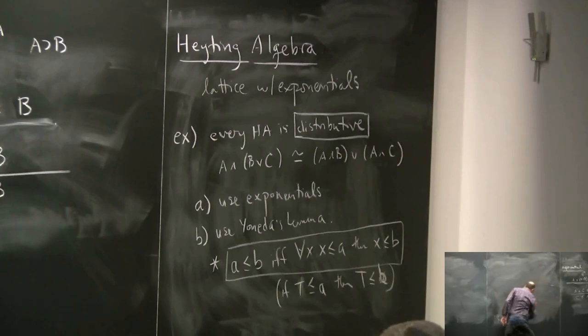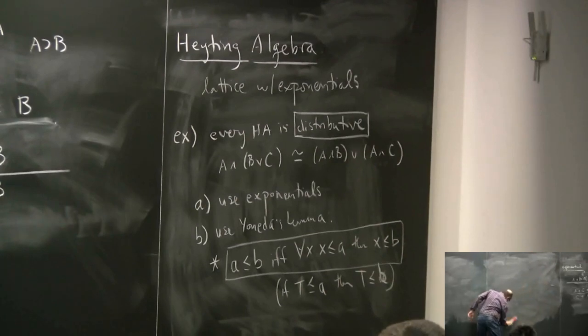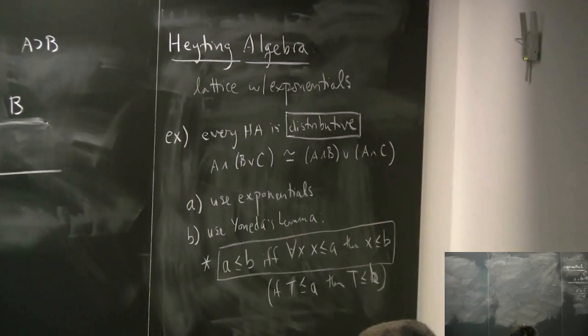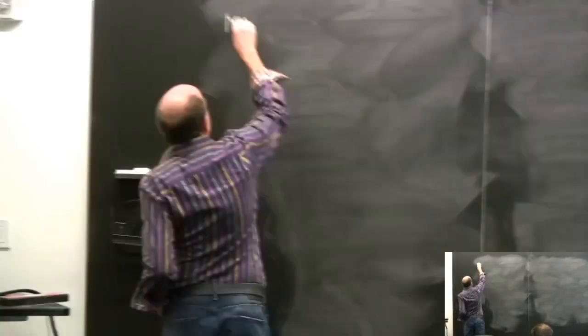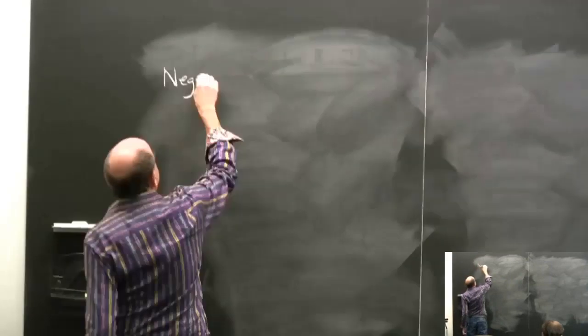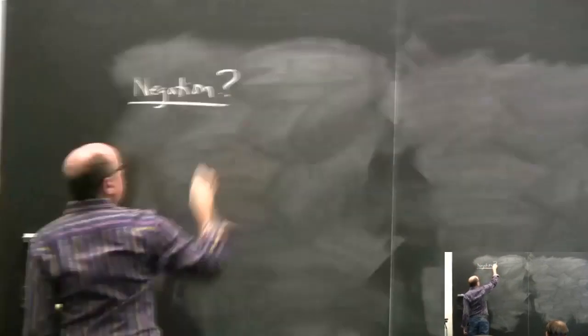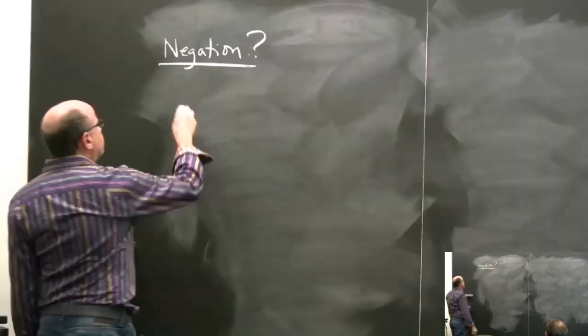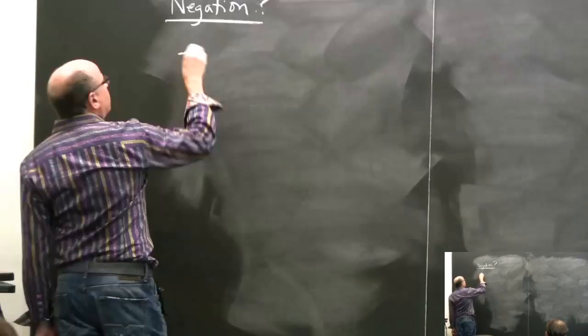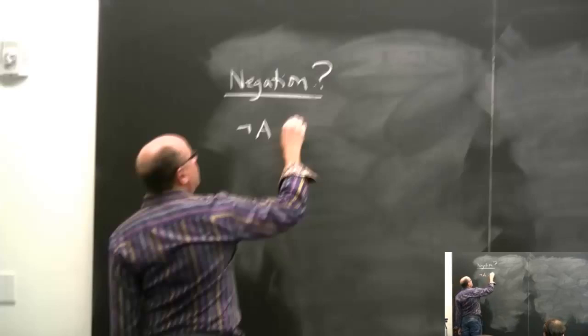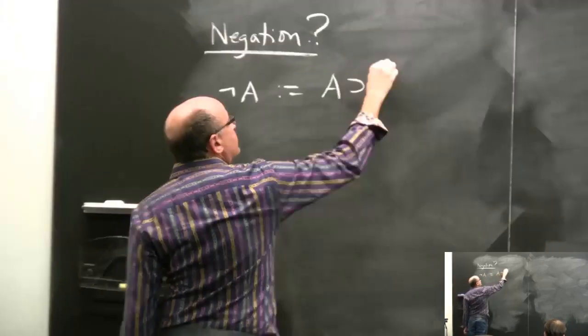Now I want to say something about negation and complements, because this is where I've been sneaking up on you. So what about negation? The usual thing is, let me define not A to be A implies false.